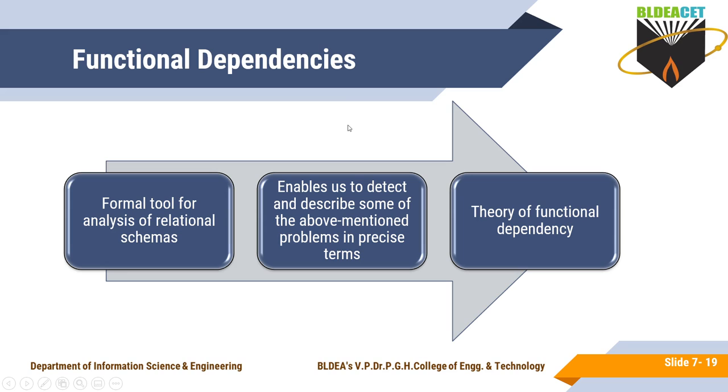And the third informal design guideline, what does it tell? Null values. As you already know, frequently, for the attribute values you require, if you get many null values for that attribute, then it is just a wastage of memory space.